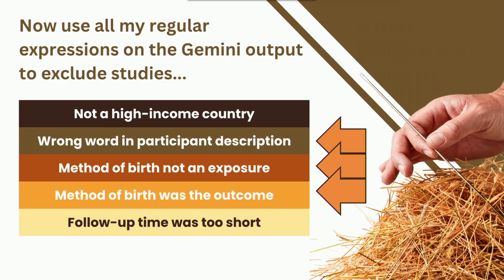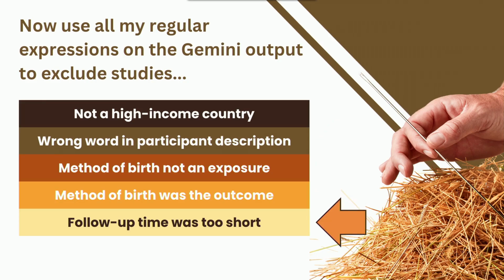Similarly, I was also able to revisit my long list of synonyms for how the baby came out and exclude studies where C-sections were not in the exposure or where a C-section was one of the outcomes.